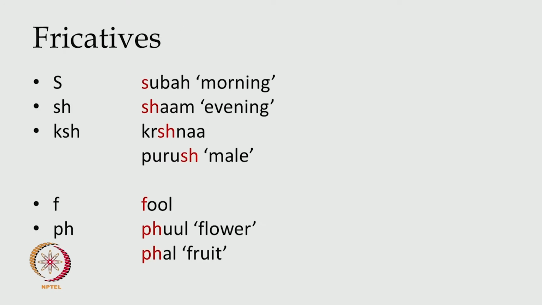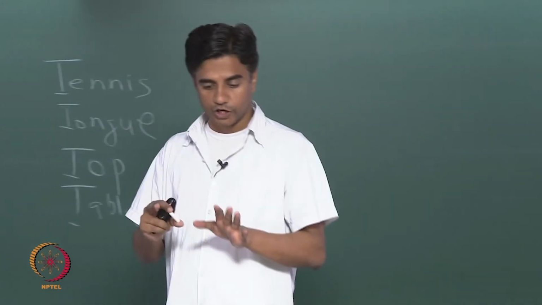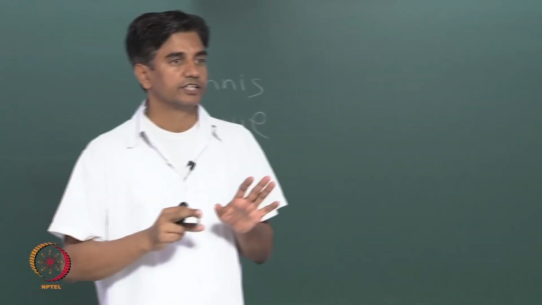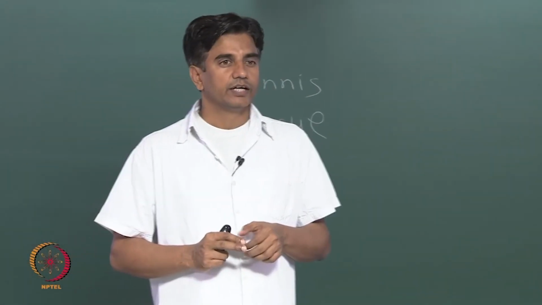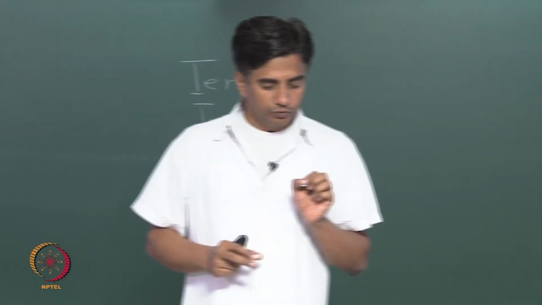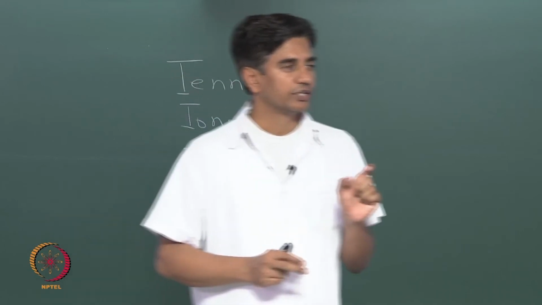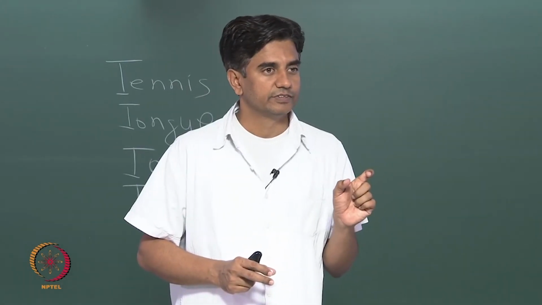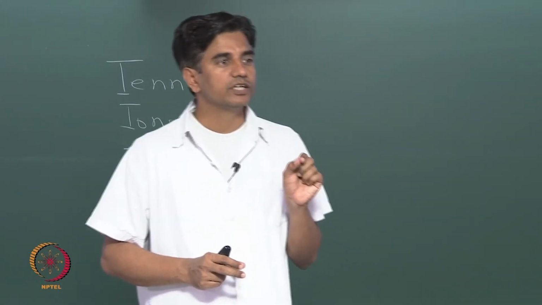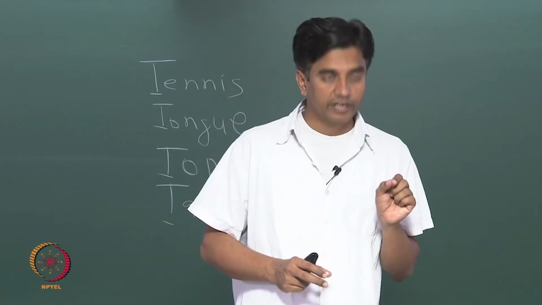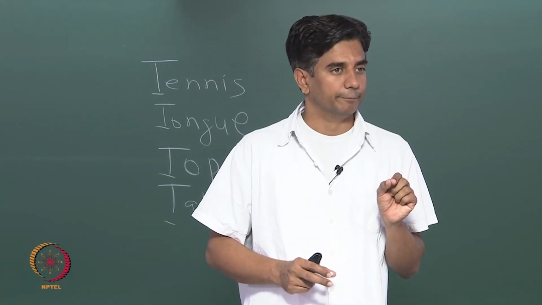Now, let me show you some of the words, and with those words we can talk about such sounds. The sound sa in a word like subah, or a sound sha in a word like sham.